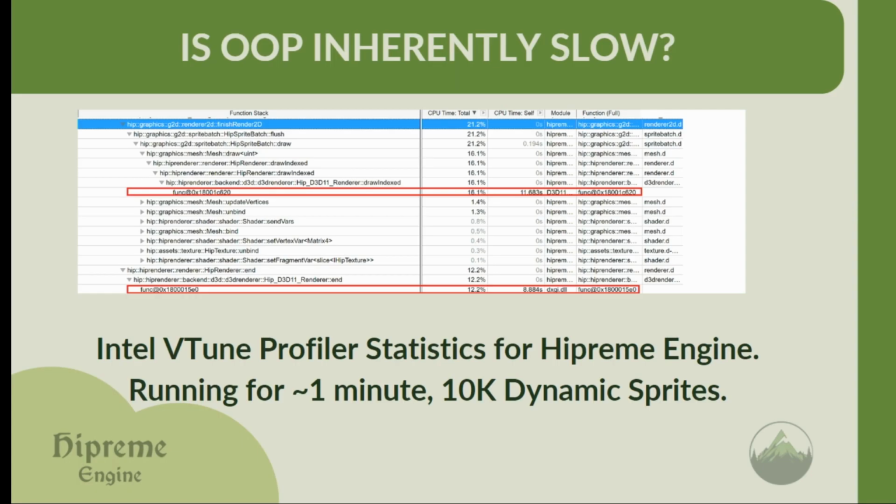This brings the question, is OOP really slow? The thing is, OOP can be slow, but it's not necessarily slow. As you can see, it doesn't even increase 0.1% here in my testing with 10K dynamic sprites. All of that is because you need to reduce the number of calls to your renderer. And this is the same thing I've been doing with the WebAssembly port.